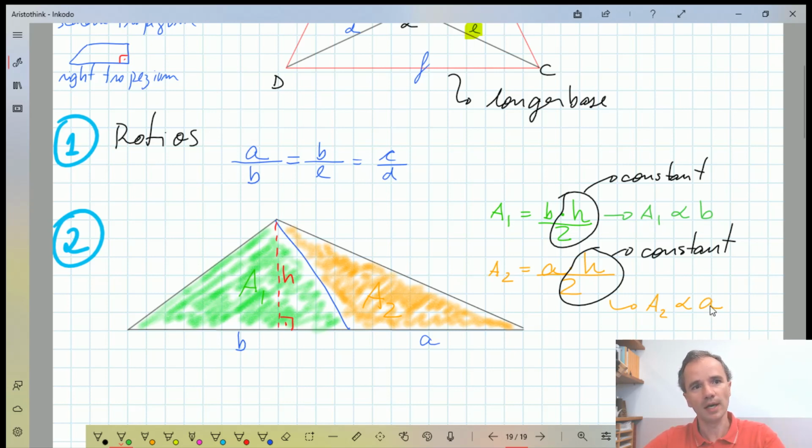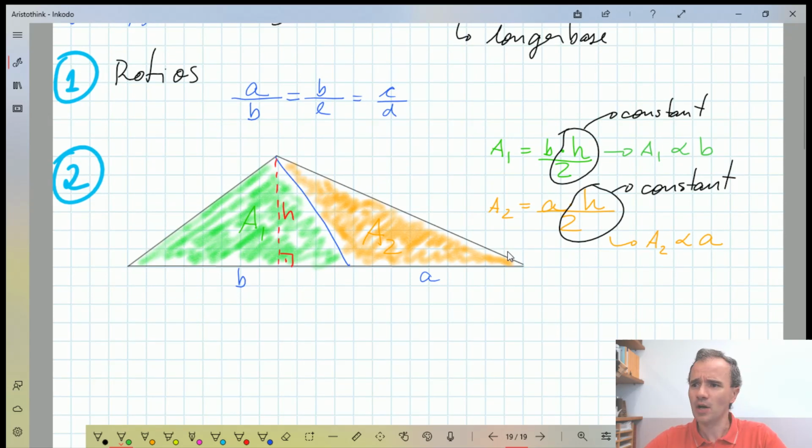If I double A, I double this area. Whatever I do to the base, I make the same change to its area. And that's going to have huge consequences when you're dealing with the trapezium.